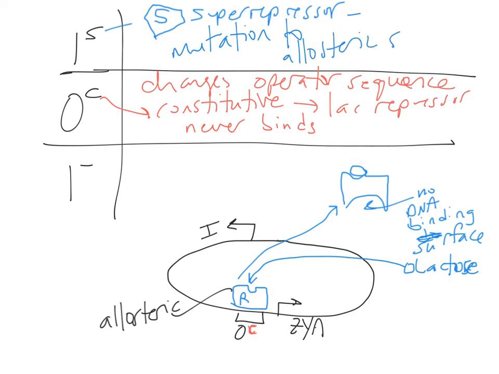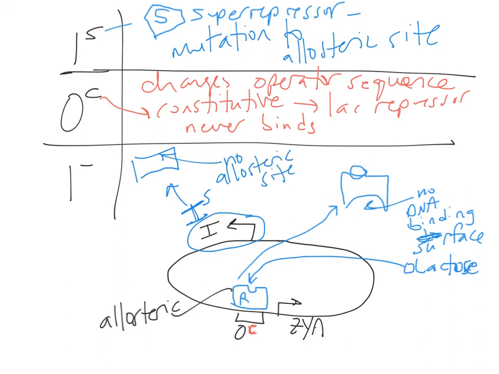Now note, I'm sure you understand this, but that's a mutation up here in the DNA that encodes the protein. But it causes the production of a protein that doesn't have that allosteric site.